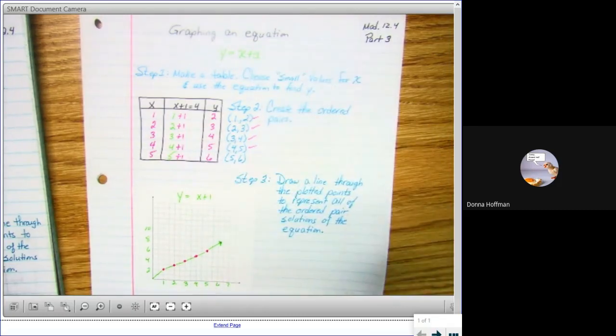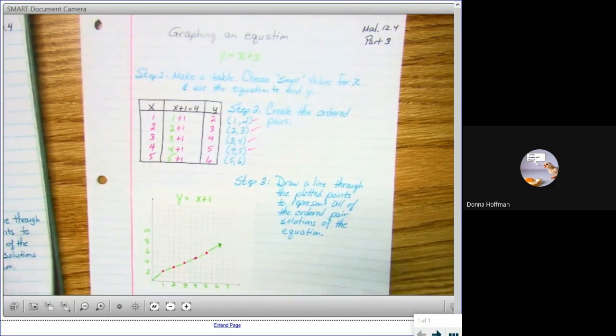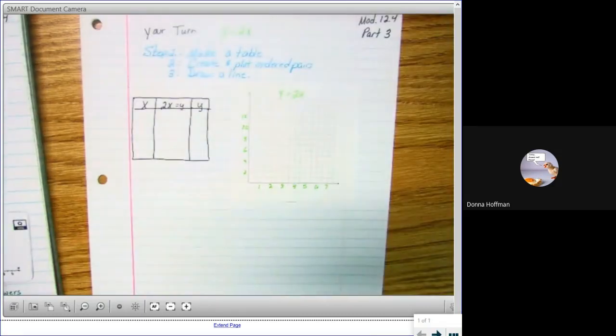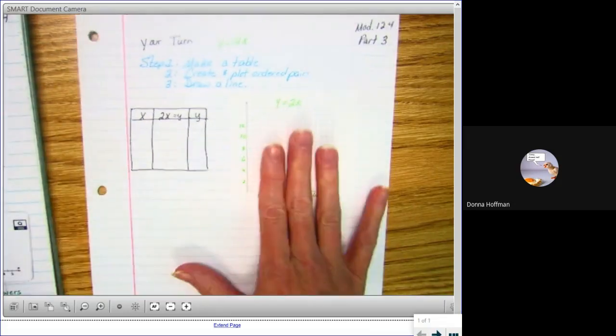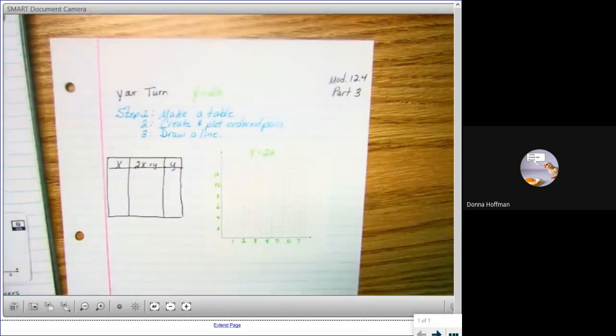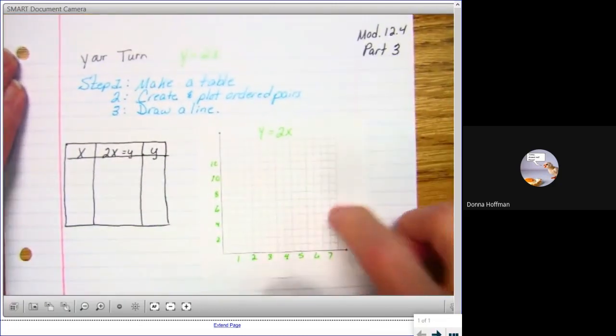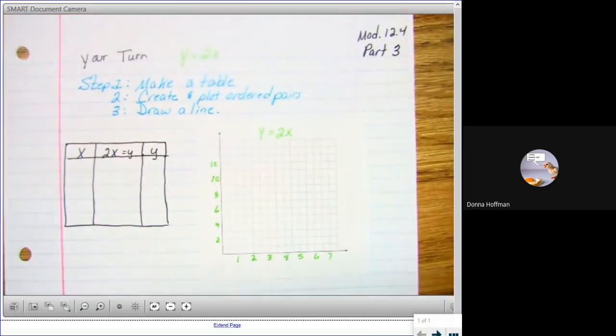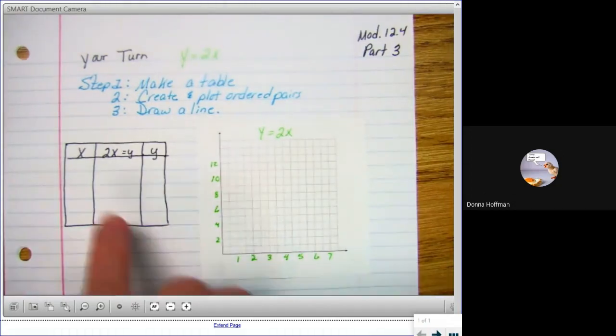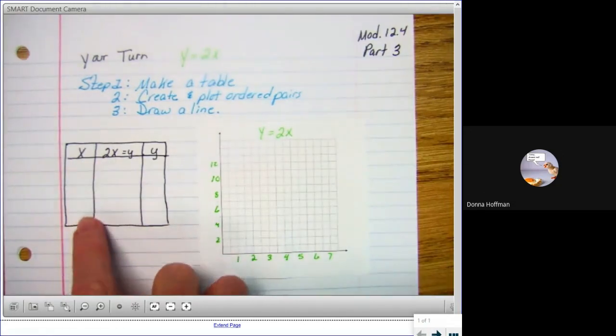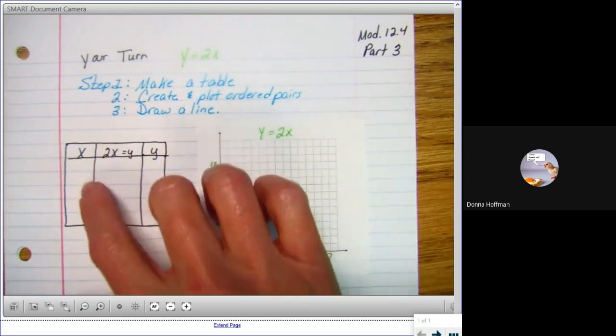Okay, that's page 1. Page 2 is going to be a your turn. So what you're going to do now is the same exact thing, same setup. Here's your page. You want to set it up to get it ready. Okay, you need another quadrant 1 of the coordinate plane. Make a table, 1, 2, 3, 4, 5 lines, and you know what goes in there is 1, 2, 3, 4, 5.